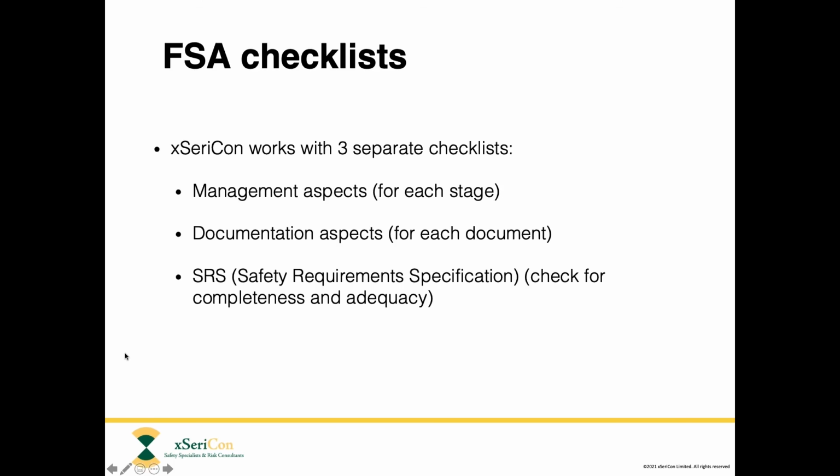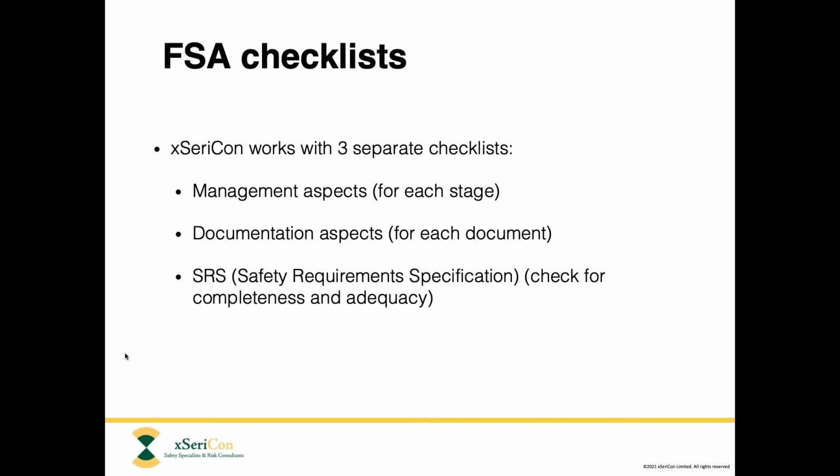Now, let's talk a little bit about the checklists that we will typically use. So each assessor has got their own style, but this is the approach that we use. We divide up the checklist into 3 categories. So the first one is we're looking at each stage of the FSA. As we mentioned a few slides ago, there are 5 different stages. For example, stage 1 is looking at the hazard and risk assessment.